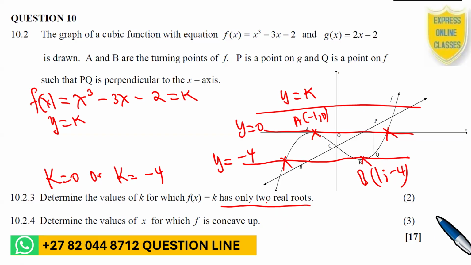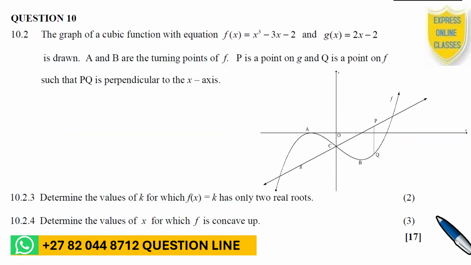Sir, here you use a point of inflection. Am I right? And the point of inflection is not at C. Yes. So it's not going to be when x is bigger than 0 all the way till infinity, but you don't include the 2. So what are the values of x for which f is concave up?